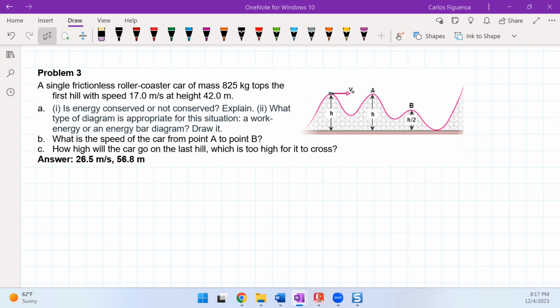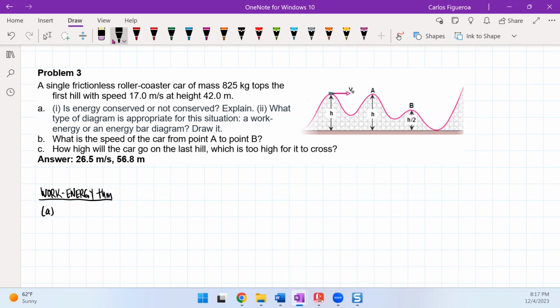So there are two approaches to this problem. The first approach that we're going to look at is the work energy theorem to answer this question. And then we'll look at it in terms of conservation of energy.